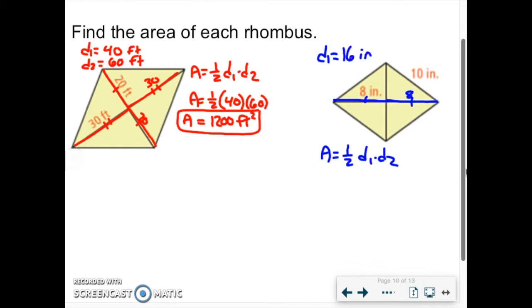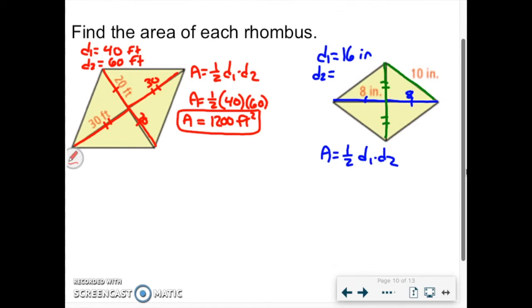All right, then the trickier part is finding diagonal 2. The reason diagonal 2 is a little bit trickier this time is because I only know that this hypotenuse is a 10. I don't know how long each of these are. I know that what I need is that green diagonal. If I can figure out one of them, I can figure out what both of them are when I double.